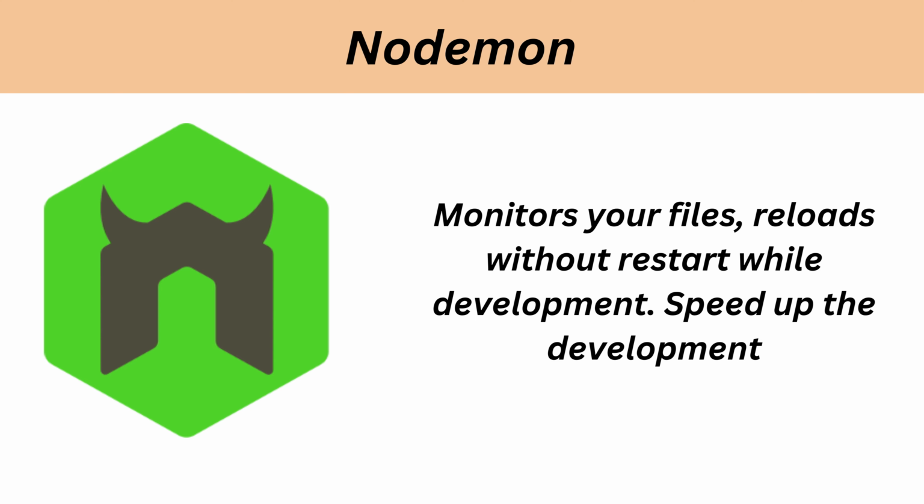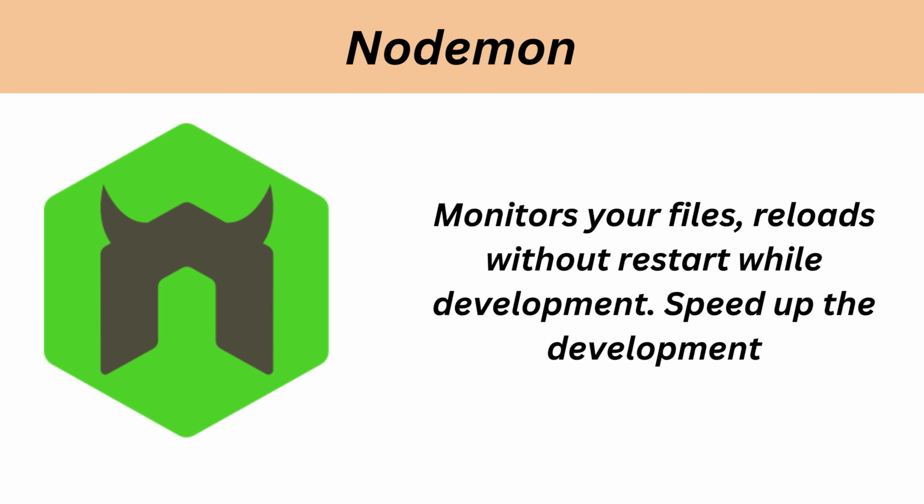You don't have to reload and you don't have to do anything else. All you need to do is make changes to your file and save it. As soon as you save it, it watches and reloads the server, so that all the changes that you've done will be automatically reflected on the API.